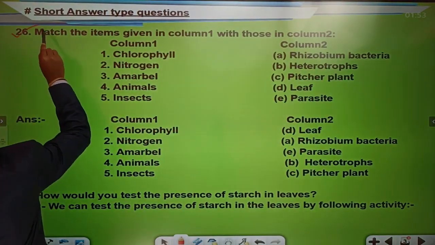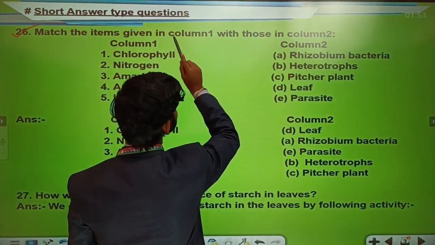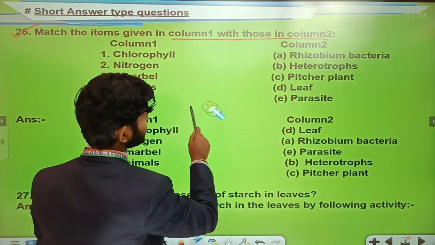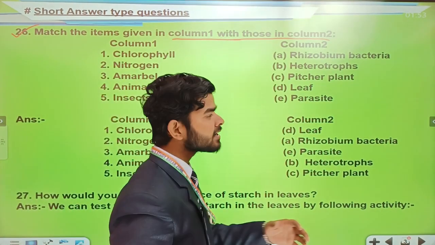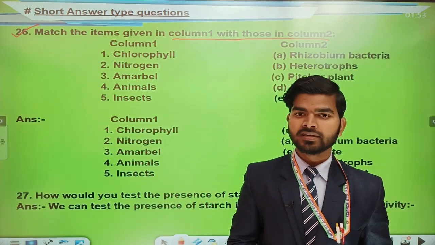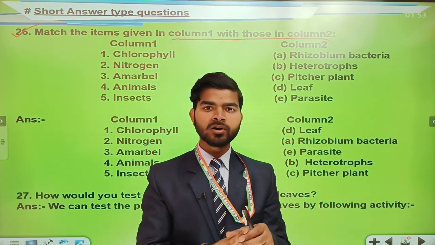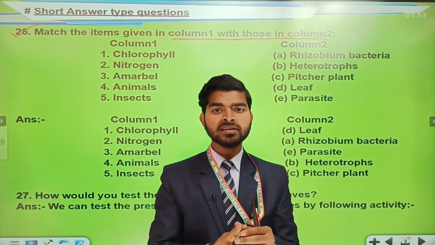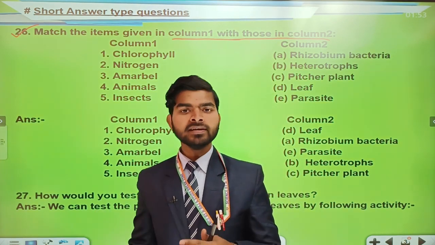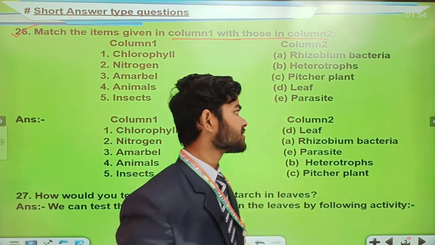Question number 26: match the items given in column A with those in column B. There are two columns, column A and column B, and you only need to match column A to column B. So this is the question.